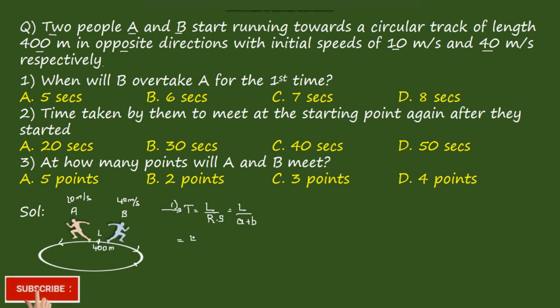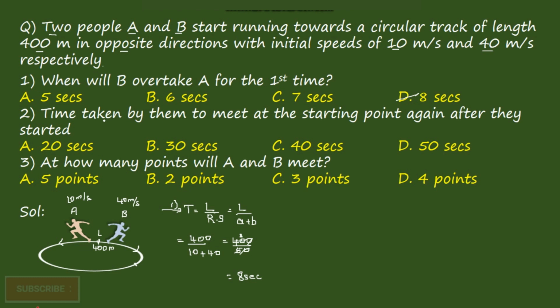Here the length is given as 400, by A moving with speed 10 and B with 40, which is equal to 400 by 50. The 0 gets cancelled, becomes 8. So which is equal to 8 seconds. So the answer is option D.